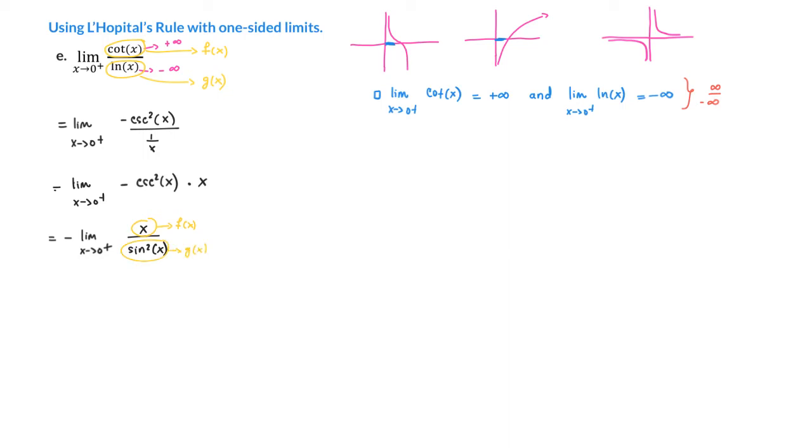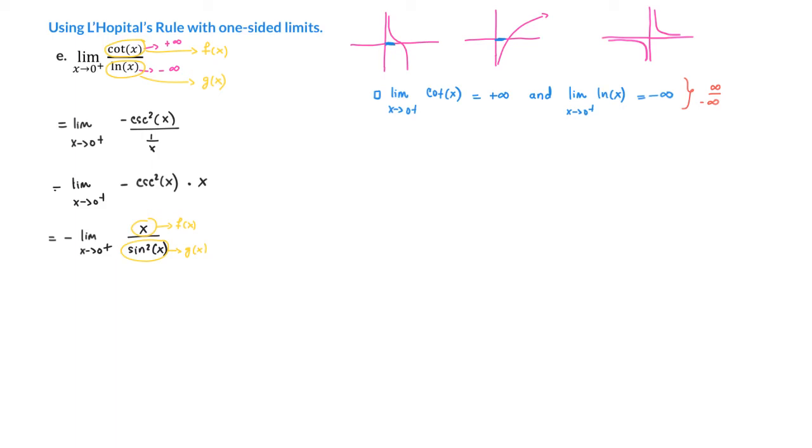And then I notice that both x and sine squared x are differentiable to the right of 0. And then we also notice that sine squared of x is non-zero in a neighborhood to the right of 0. And I'm saying to the right of 0 because we are approaching 0 from the right of 0.